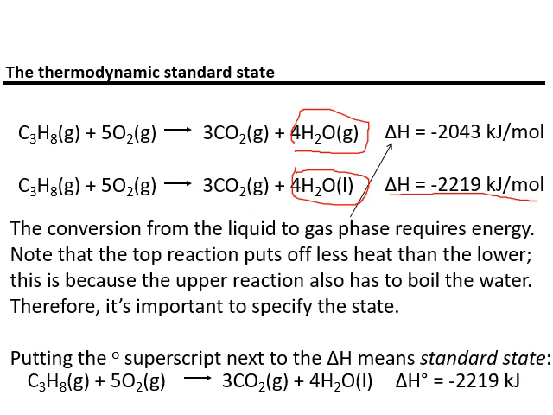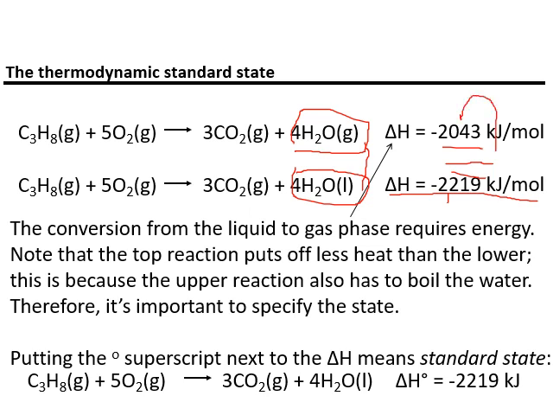We saw this earlier, you remember, when we did the problem with the propane gas. So why is this number lower? Well, it's because in order to go from the liquid to the gas, you have to use some of this energy because you're boiling the water. You're boiling water to make it into gas. So you're losing some of the energy that you produce to do that. So the value here is less.